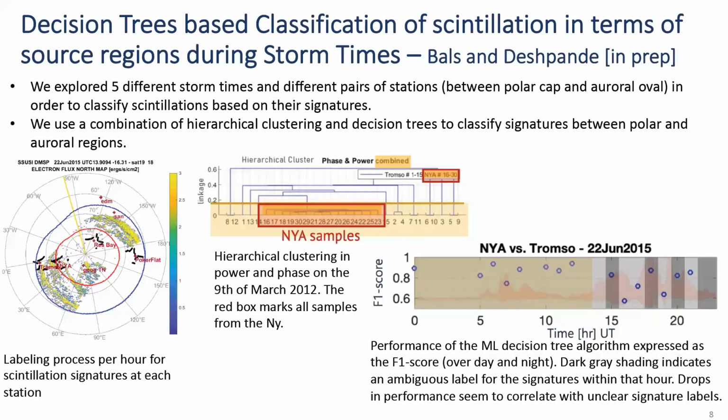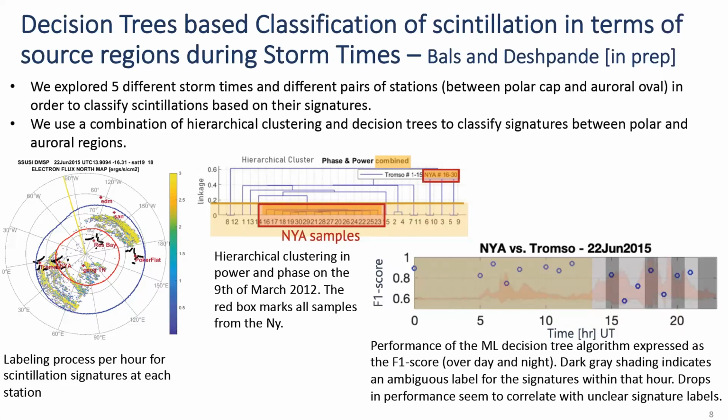She's using the same approach and expanding it with decision trees. That's where she is using decision trees to classify the events, specifically in the two regions. She's again using SUSY data, but not predefined auroral oval boundaries. She's using the actual data.